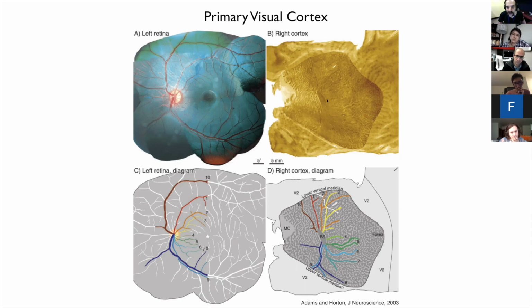You see them here. So they are actually projecting to actual neurons in the visual cortex, and you can reconstruct the pattern of blood vessels of the retina from V1 cortex.